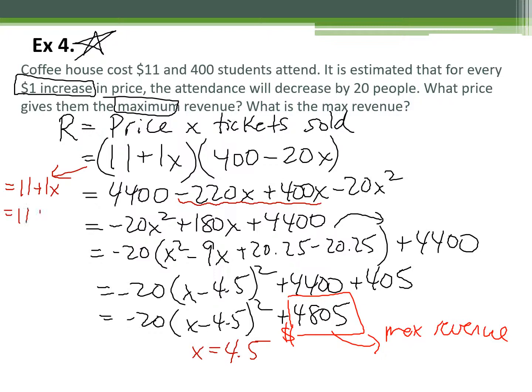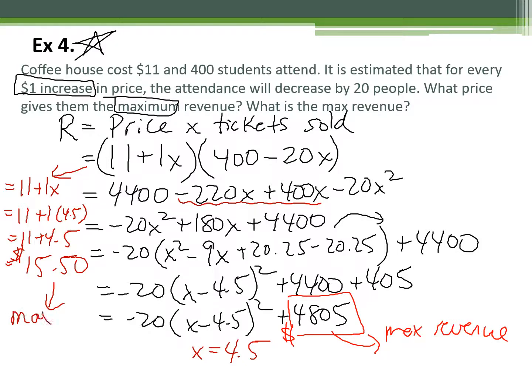So that would be equal to 11 plus 1 times 4.5, which is 11 plus 4.5, which equals 15.50. So that right there would give you the price that maximizes revenue.